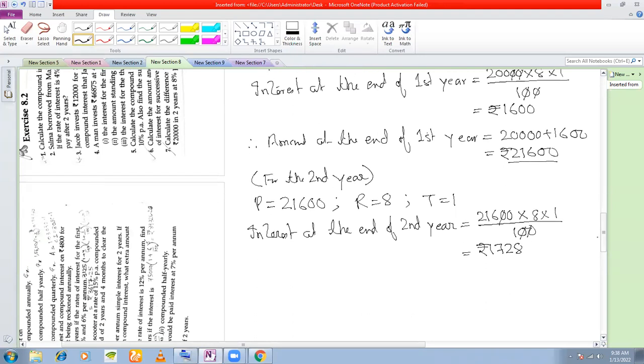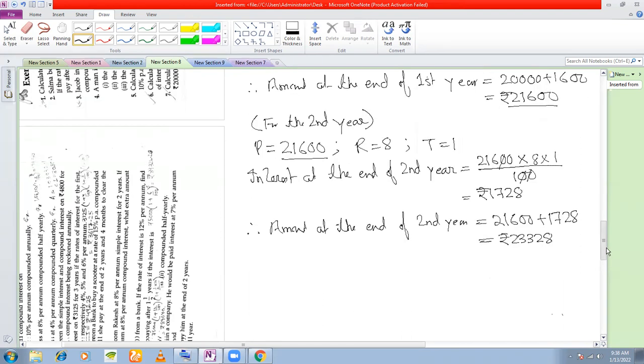So the amount at the end of the second year is the principal at the beginning of the second year, 21,600, plus 1,728, which is 23,328.